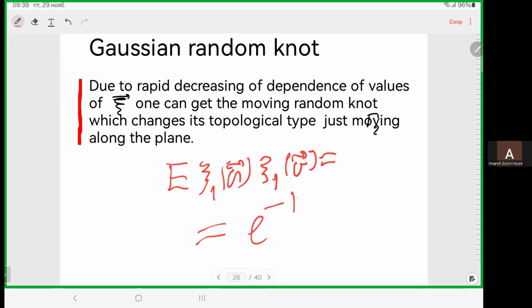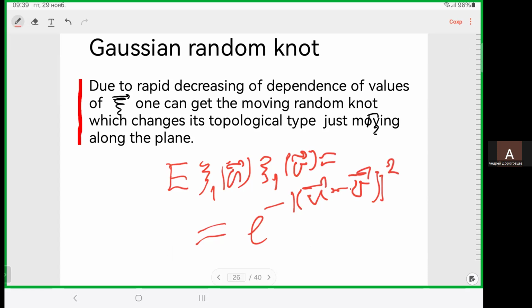It is E to the power minus norm of U minus V squared. This is a function which very rapidly decreases at infinity. And you remember that if we have two jointly Gaussian random variables and they are non-correlated, they are independent.